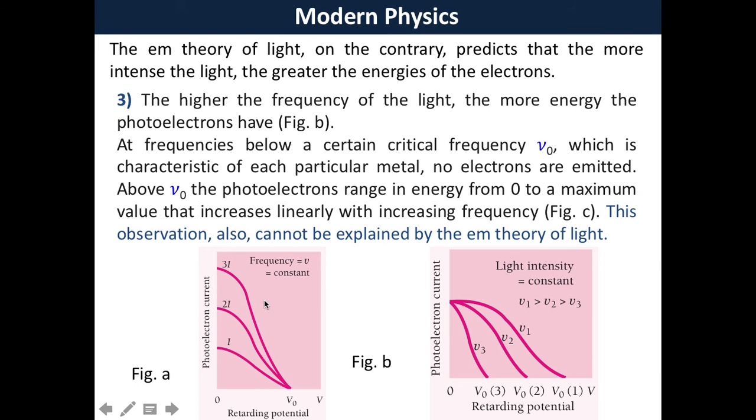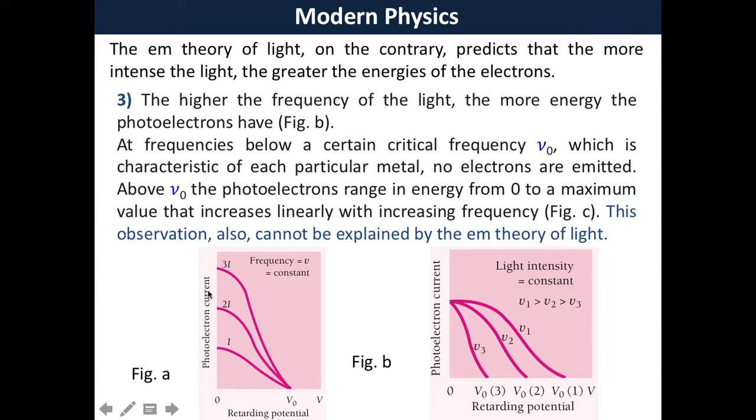Figure A is showing the retarding potential. It is nothing but the stopping potential. Stopping potential is to stop the electrons ejecting from the metal surface when the incident beam energy is greater than the work function of the metal. So this is the retarding potential and this is the photoelectron current.